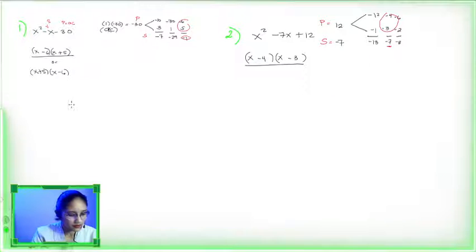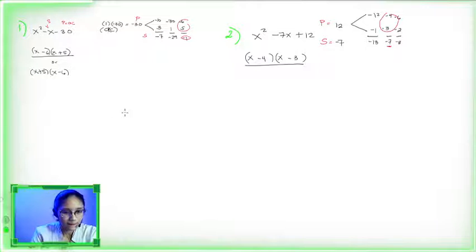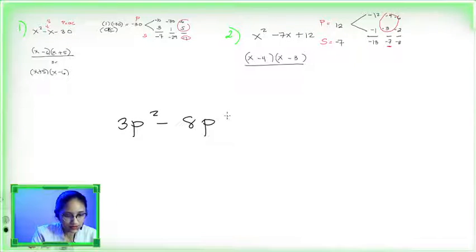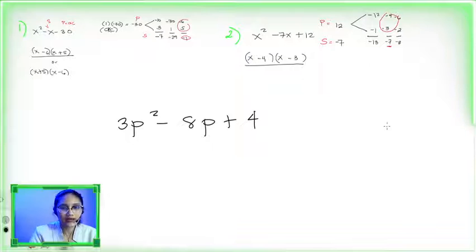Let us try to answer this example, number 5. So, for given number 5, we have 3p squared minus 8p plus 4.